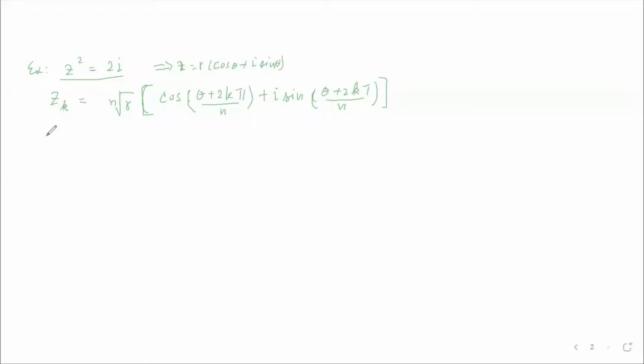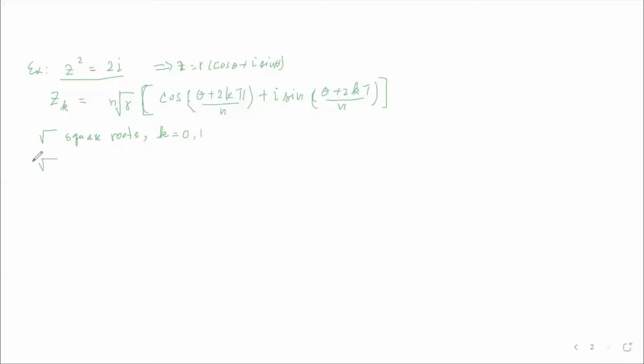For k, for example, if you have a square root, we start from k equal to 0 and 1.